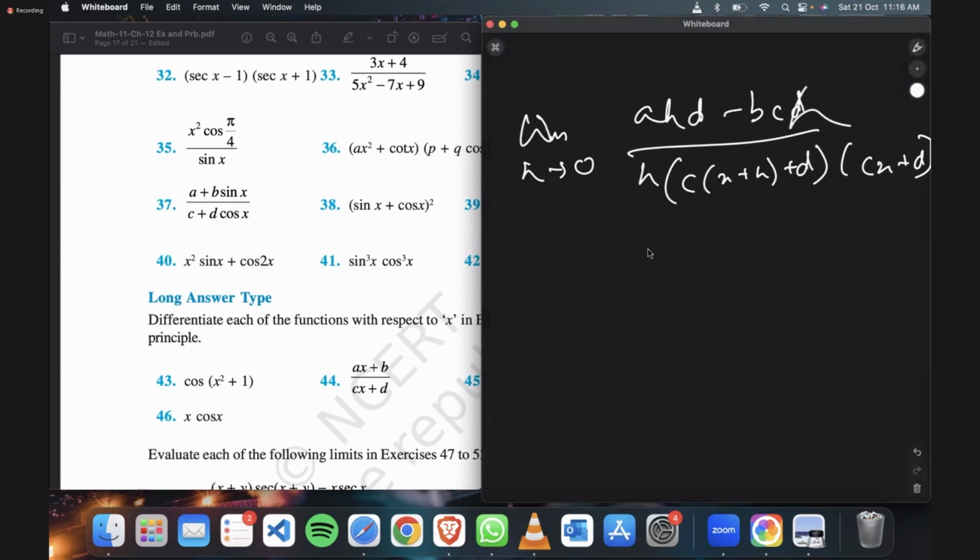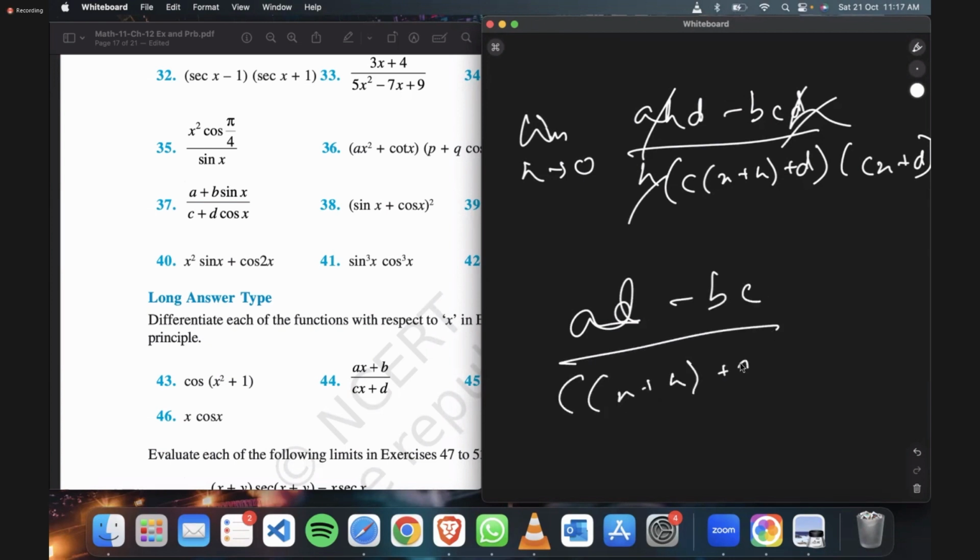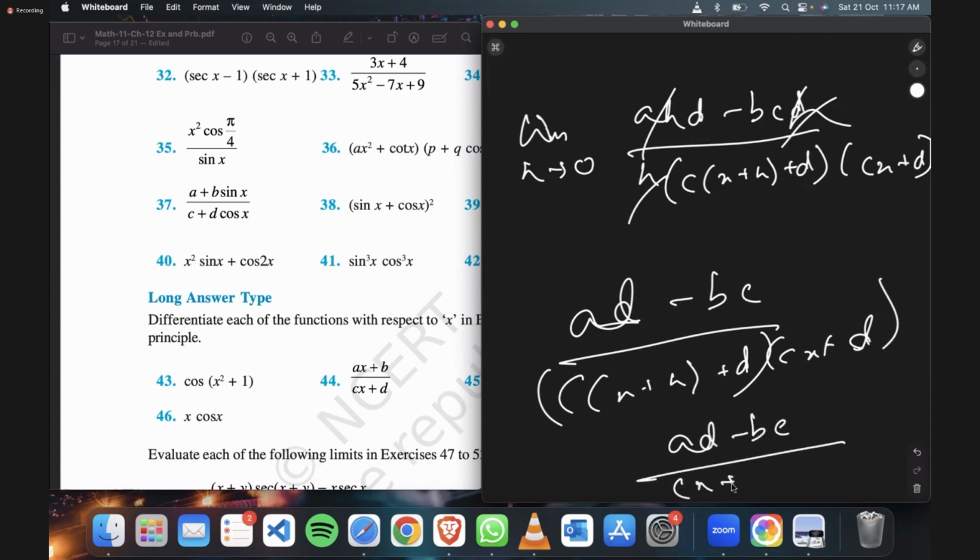So I'll take h common from this: ad minus bc, divided by c times x plus h plus d multiplied with cx plus d. Just put h equal to 0 here, and we'll be left with ad minus bc divided by cx plus d whole square. So this is your answer.